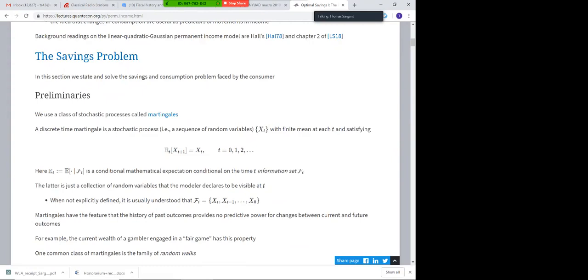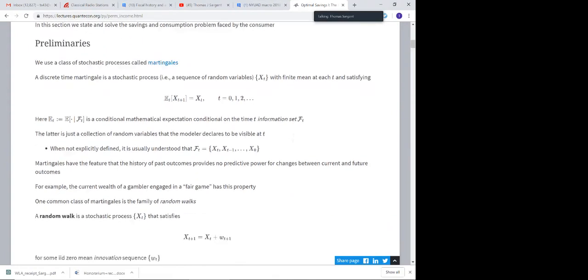If you satisfy that, you're a martingale. It's sometimes also referred to as a random walk. They're not quite identical, but for all practical purposes in our class, if I say martingale, I mean random walk and vice versa.